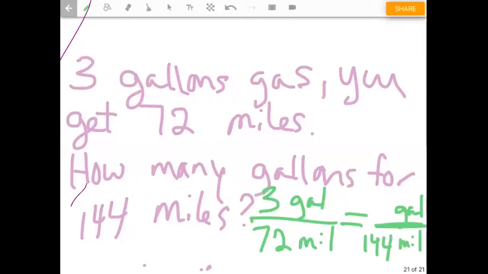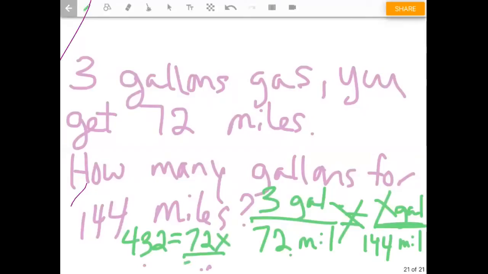So we don't know gallons, so what do we call it when we don't know? X. We call it x. So now we can solve, cross multiply. 3 times 144 is 432. And then we have 72 times x.